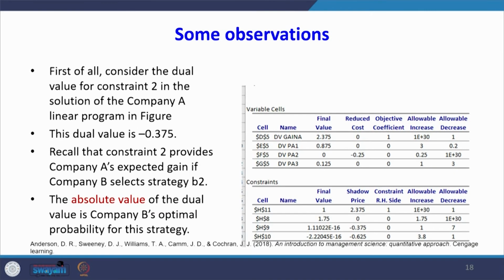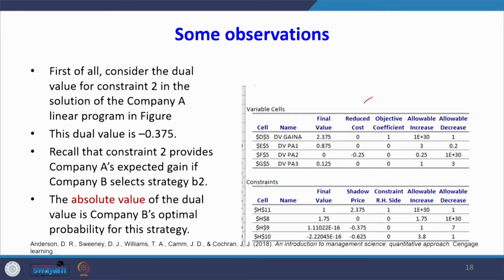Some observations. First of all, consider the dual value for constraint 2 in the solution of the company A linear programming problem. I have brought the result of our linear programming model from player A's perspective.